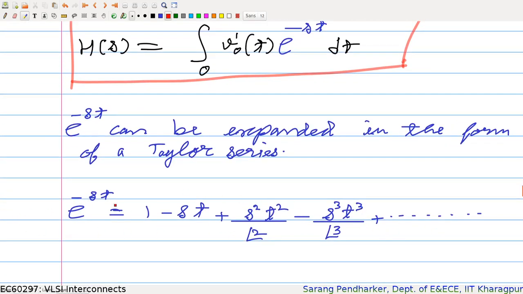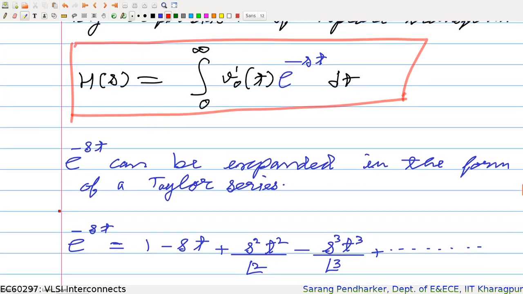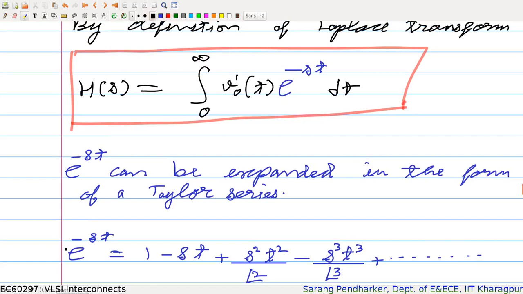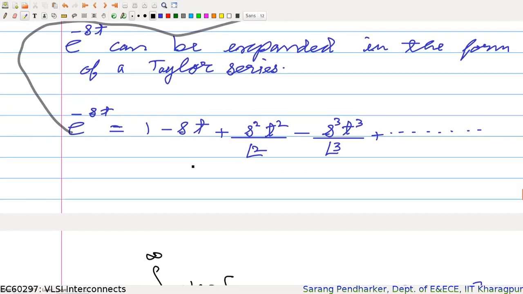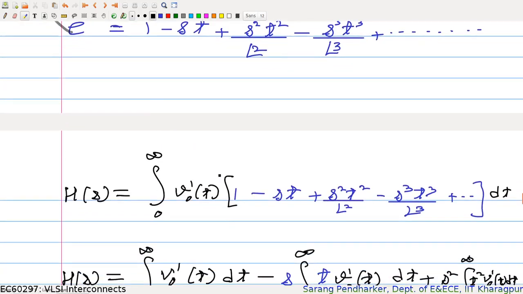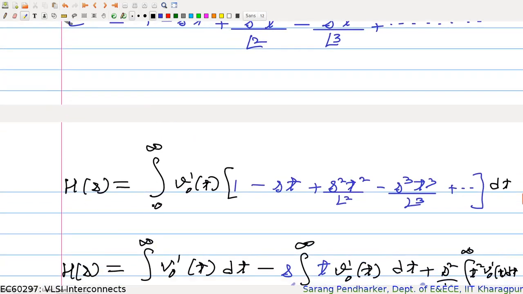If you are not familiar with this expansion, please go through the basics and recall how you get this expansion for e to the power minus st. I can substitute this in here and expand my integral. So I can write H of s as this integral 0 to infinity V out prime t into this term where there is an infinite series dt.